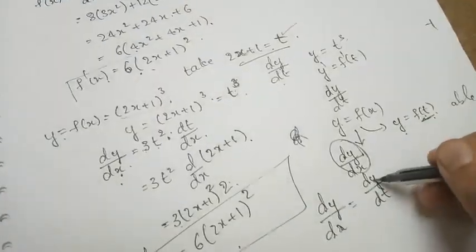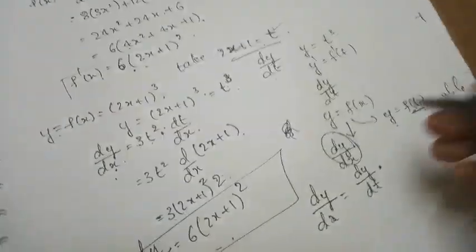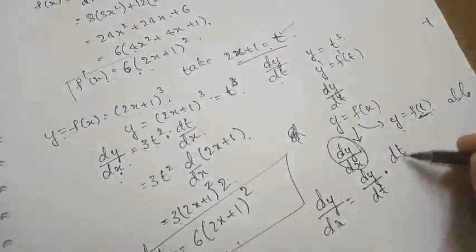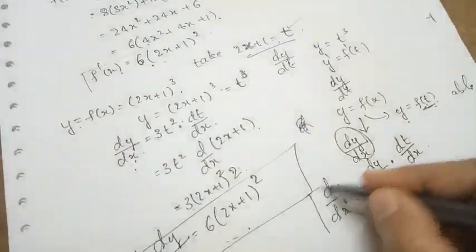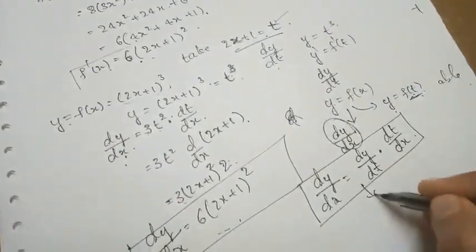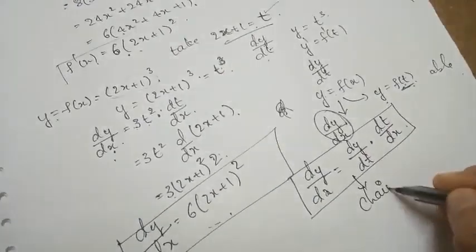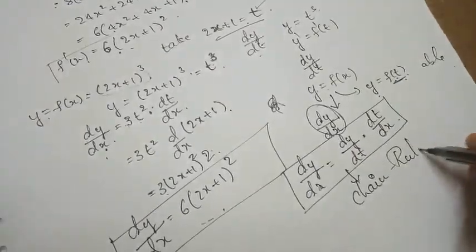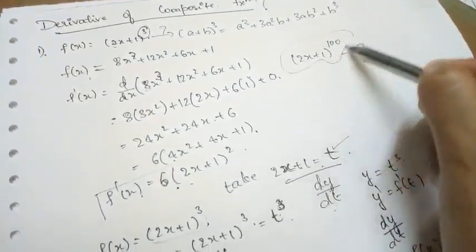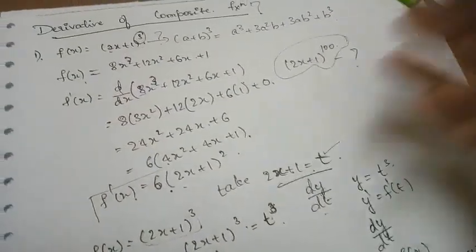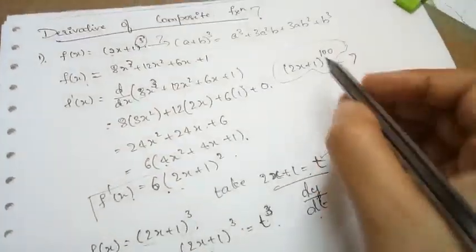Since you differentiated y with respect to t, you now have to differentiate that t with respect to x. So this is nothing but a chain rule. By using the chain rule, we can solve the difficult task of finding the derivatives of this type of function.